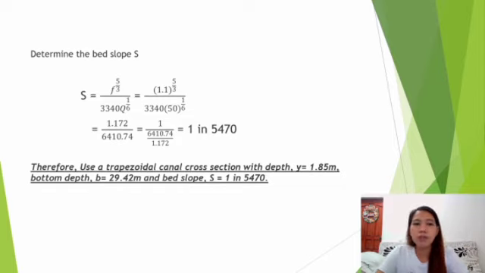Therefore, we will use a trapezoidal canal cross-section with depth y, or d, equal to 1.85 meters, bottom width b equal to 29.42 meters, and bed slope equal to 1 in 5,470. So this is going to be our design of an irrigation canal on alluvial soil using Lacey's theory. That's our third method.